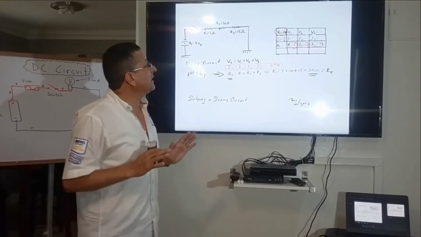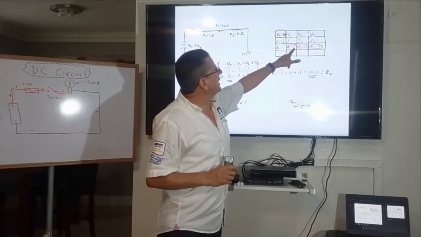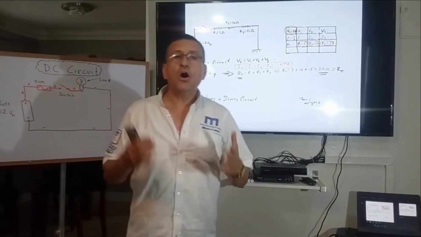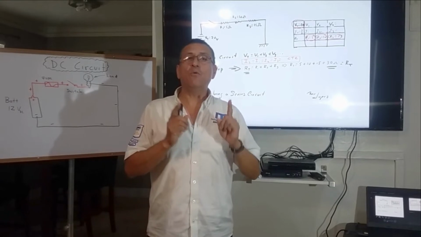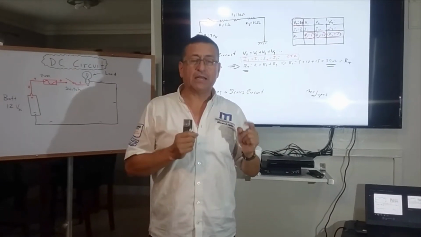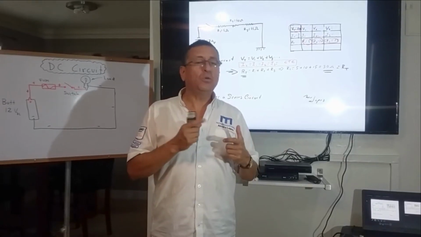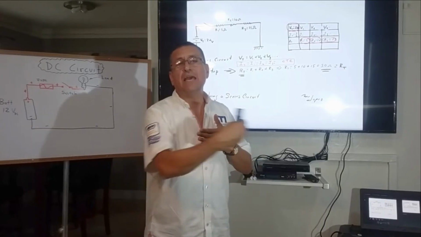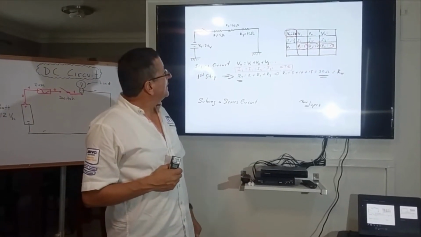Okay, in this particular case, I know the total voltage, and resistor 1, resistor 2, and resistor 3. I need to know one intensity, because the first step is to identify what is constant. In this particular case, because it's series, the intensity is constant. I need to know the intensity at one point, and immediately I know the rest of the intensities. What intensity will be easy to find?